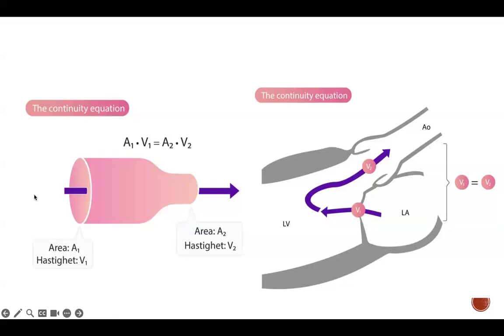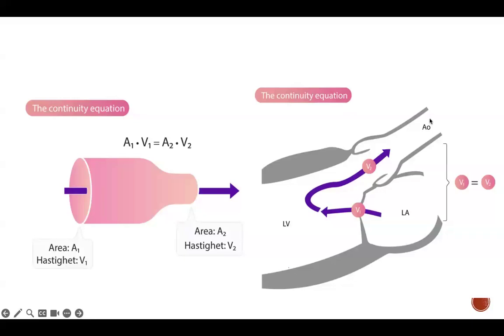So in any closed chamber, the amount of volume that goes in here is equal to the amount of volume that goes out here in the same time. If we apply this in the heart, the same time is systole. So the amount of blood that goes in here should equal the same amount of blood that goes out to the aorta.